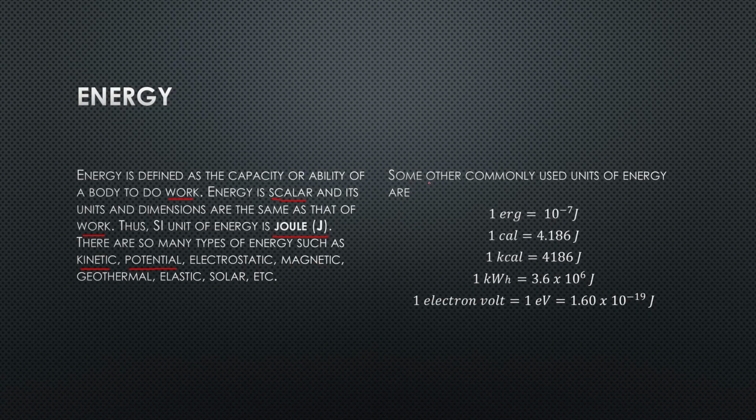Some other commonly used units for energy are, you should memorize these conversion factors. 1 erg is 10 to the negative 7 joule. 1 calorie is 4.186 joule. 1 kilocalorie is 4186 joule. 1 kilowatt hour is 3.6 times 10 to the 6 joule, or 3.6 million joules.